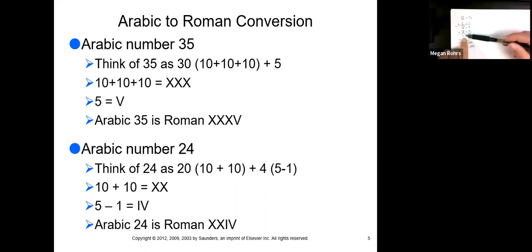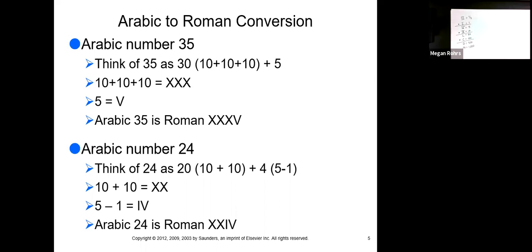Anytime you put something before a larger numeral, that's when you subtract, but you can only put one numeral before a larger number, okay? So 50 in this case would not work because the closest we could get would be to put an X before an L, which would only give us 40, okay? So in this case, 10 is going to be the numeral that's closest to 30.